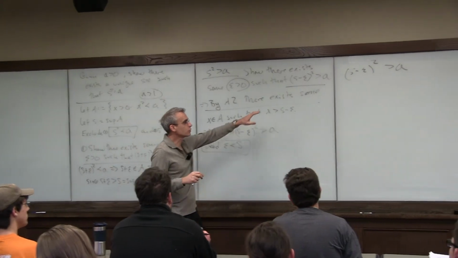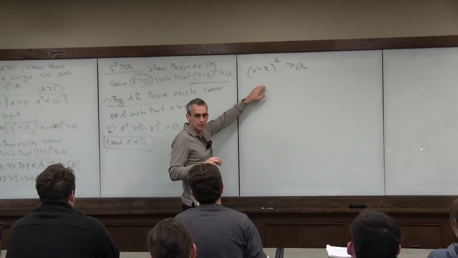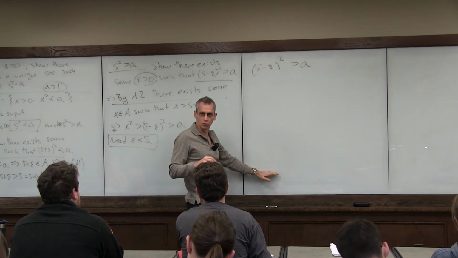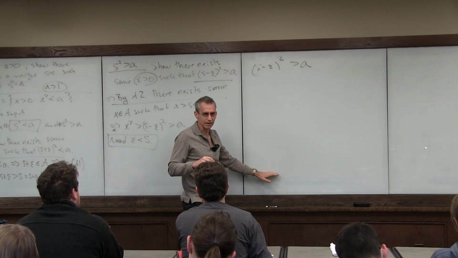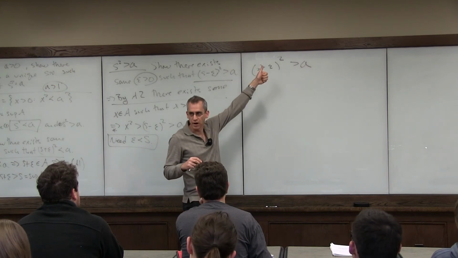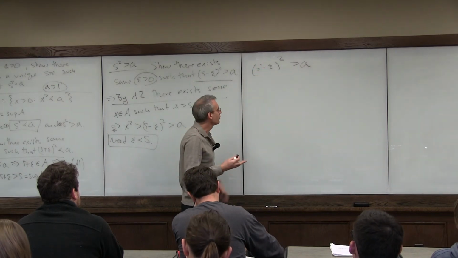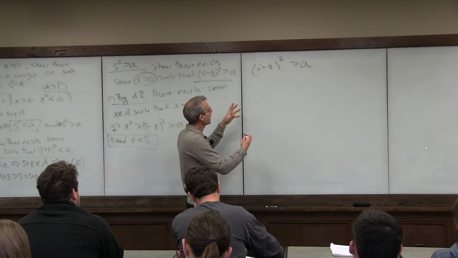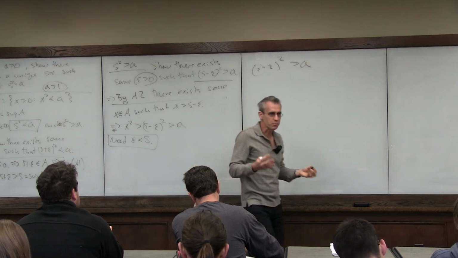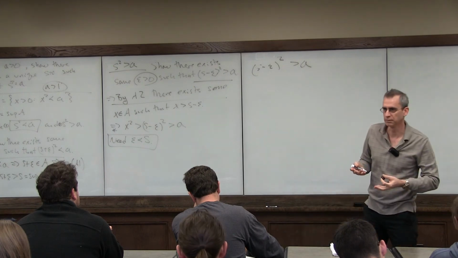Remember, I'm starting with what I want. If I end up with something true, that doesn't prove anything unless my logic goes uphill. And that's very important to think about, just like last time, as we think about how we're going to manipulate this. And with inequalities, manipulation is possible because you have wiggle room.